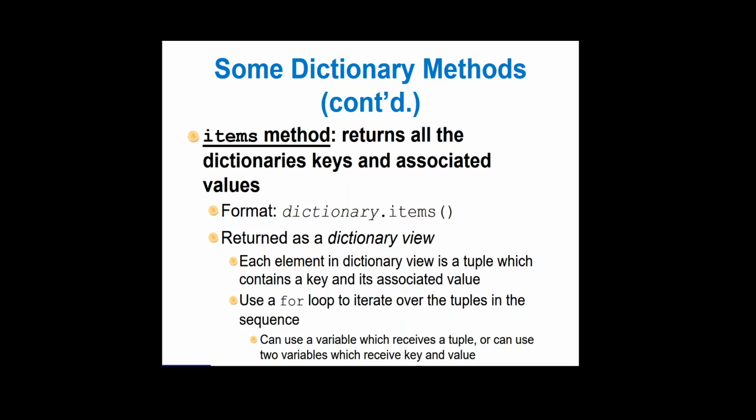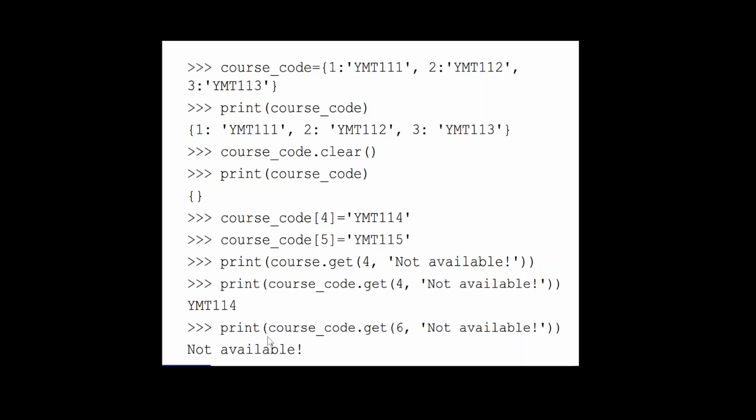So key and value in one tuple for all the elements that we have in the dictionary. How is that supposed to look? For example, if we have this kind of dictionary with two elements only: key 4 mapped to the value Ymt218, and another key 5 mapped to the value Ymt218.